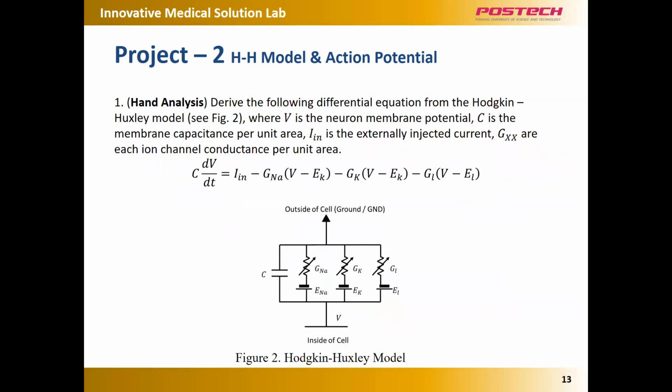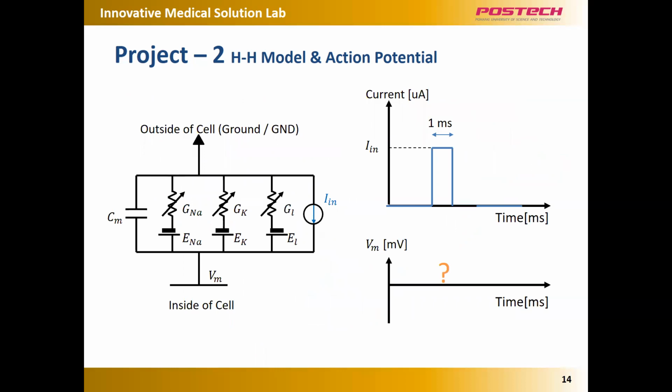So the first problem is deriving Hodgkin-Huxley's basic differential equation, and briefly explaining with pictures. It is a problem of showing how the membrane potential changes when current is put into the equivalent circuit.